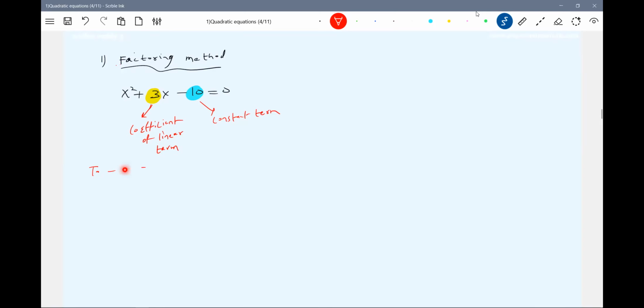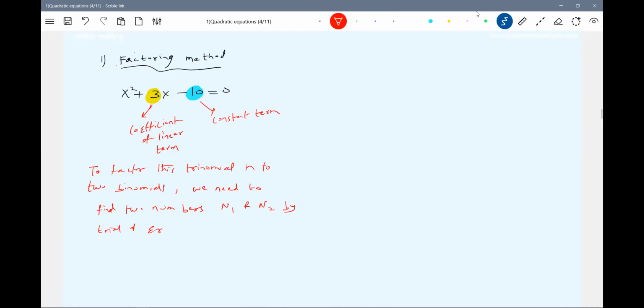To factor this trinomial into two binomials, we need to find two numbers, n1 and n2, by trial and error, that satisfy two conditions.